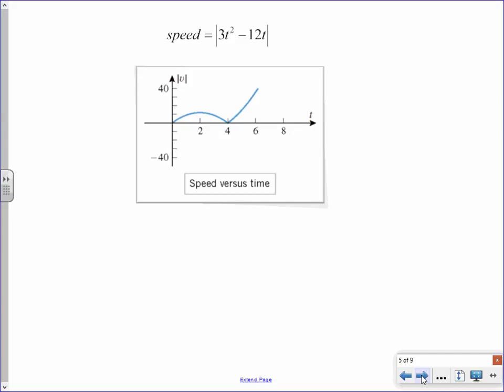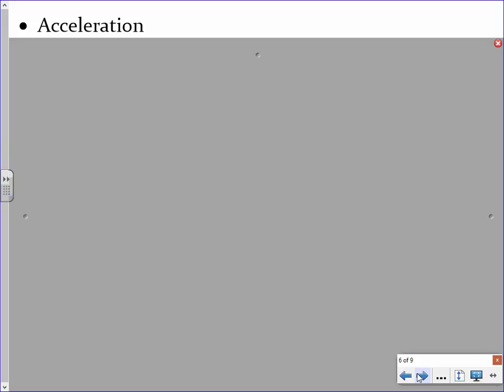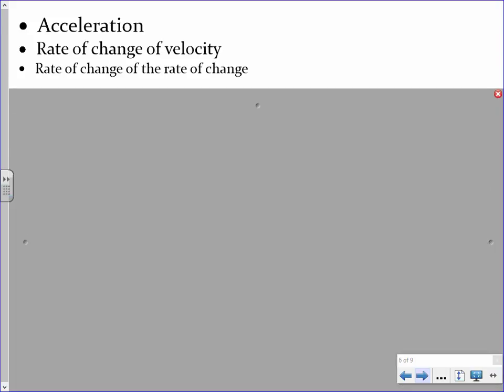All right, let's talk about acceleration. We already talked about how this is the rate of change of velocity. Essentially, it's the rate of change of the rate of change.